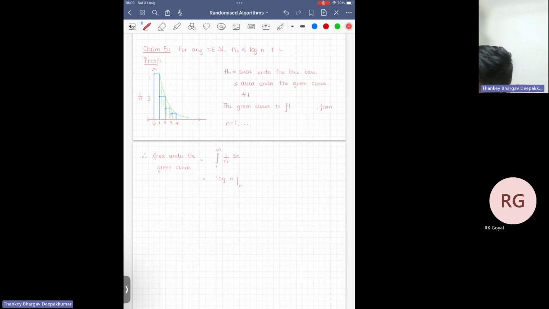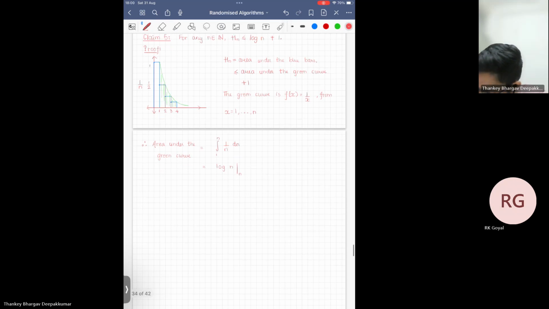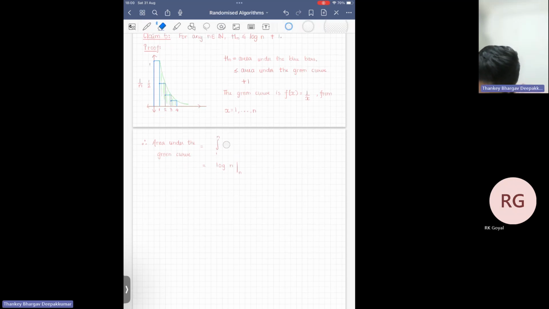So let me call this curve f of x, where x goes from 1 to n because I'm interested in Hn, right? And this is the integral of 1 over x dx, and this is log x, from x is 1 to x is n, right?